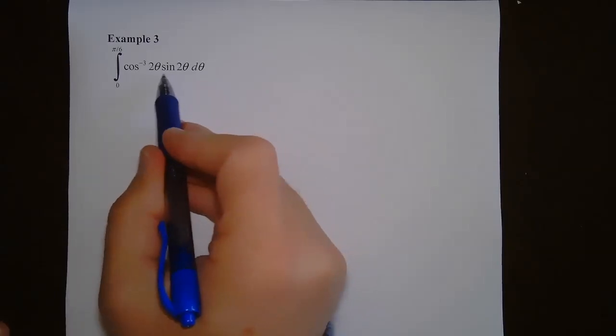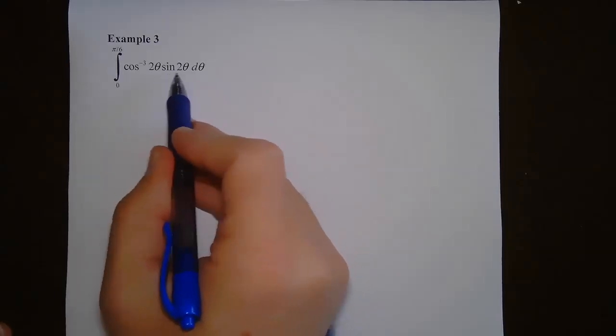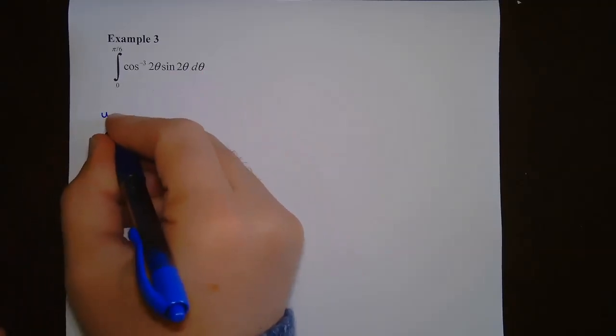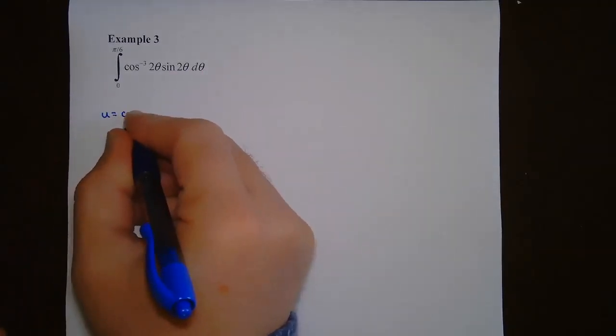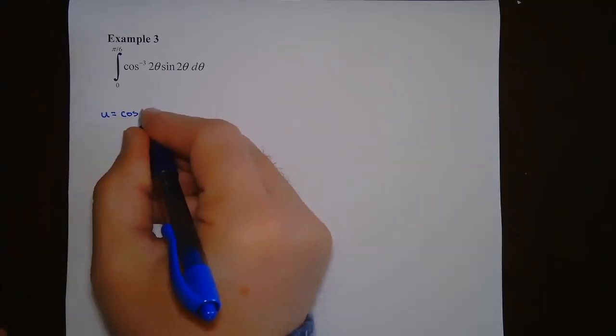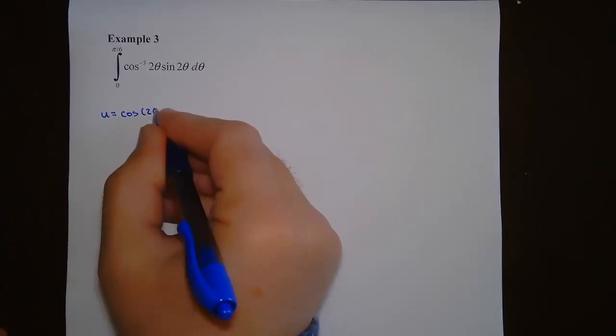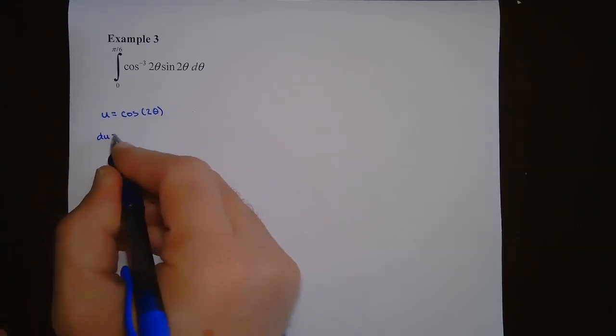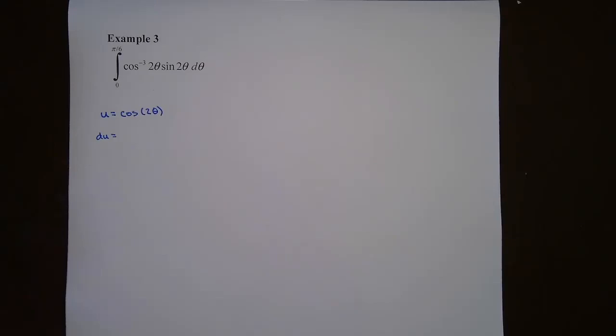Because that will allow me to pick up this part of the integrand, okay? So we're going to let u equal cosine of 2 theta, and then du is equal to, okay, so the derivative of cosine is negative sine, right?